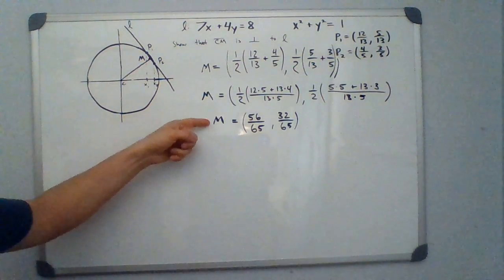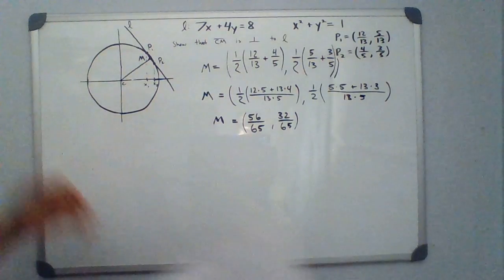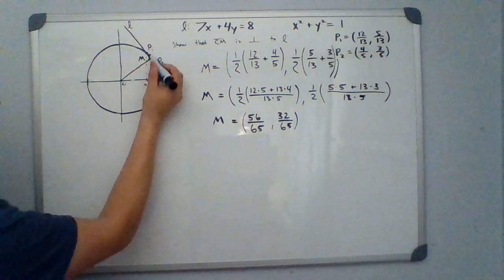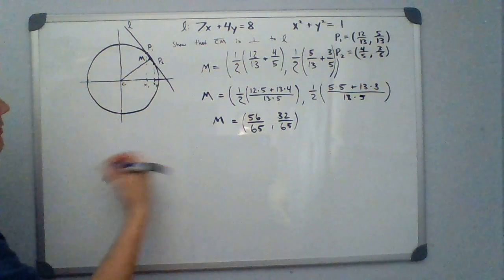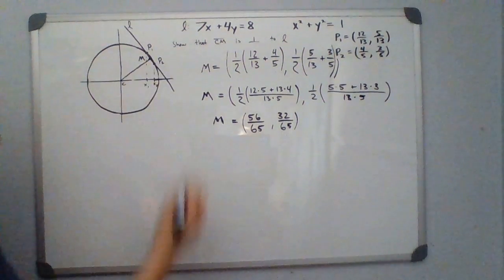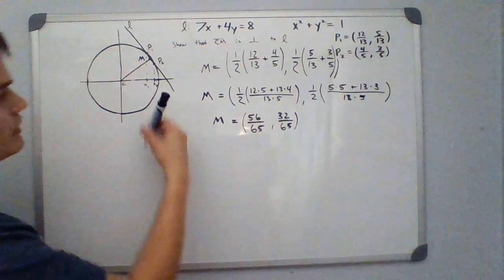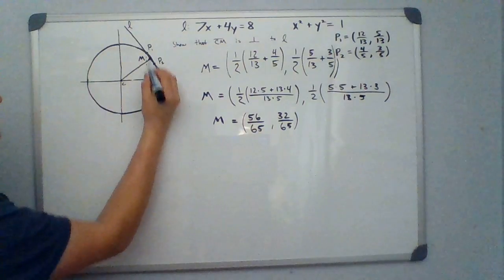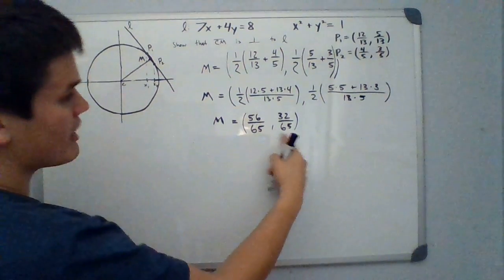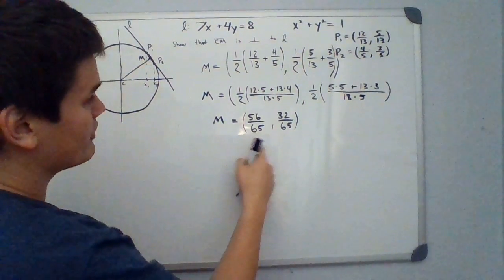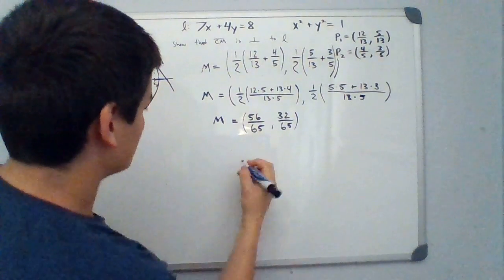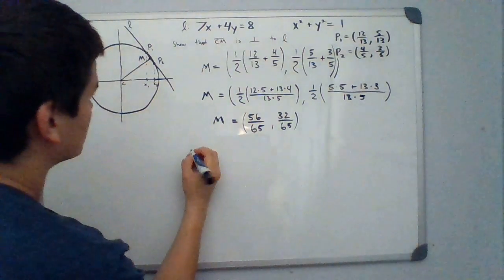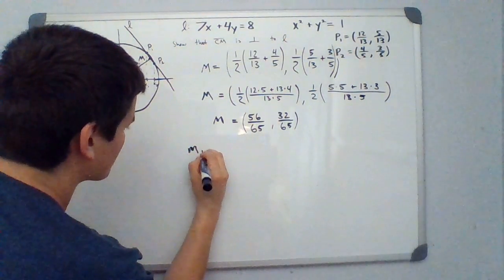Okay, so I got the midpoint, and so actually I'm almost there. Once I have this midpoint, to find the slope of CM, in other words, the slope of that line, all I have to do is take the y value of M and divide it by the x value of M. So what am I going to call this? I'll call it m perpendicular.